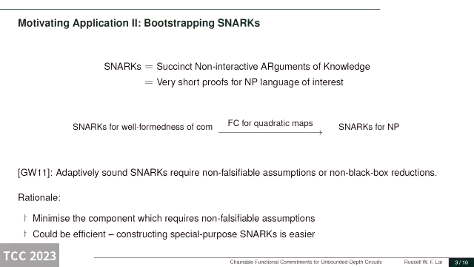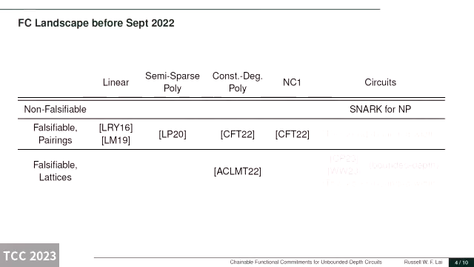So, right, what do we know about FC schemes? Well, before September 2022, when we wanted to build an FC for some class of functions, and if we are allowed to use snarks for NP, then we can trivially get FC for circuits. So that's rather boring.